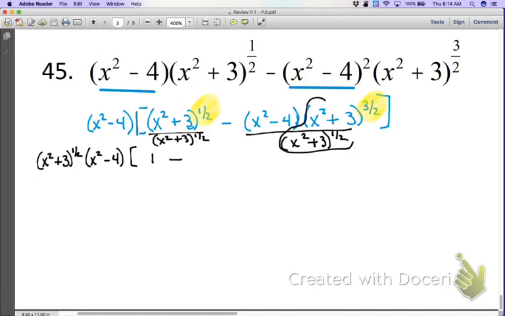What am I left with right there? Three halves minus 1/2. Anybody want to take a shot at this one? What's 3/2 minus 1/2? 1. Yes, very good. So what I'm left with is x squared minus 4 times x squared plus 3.